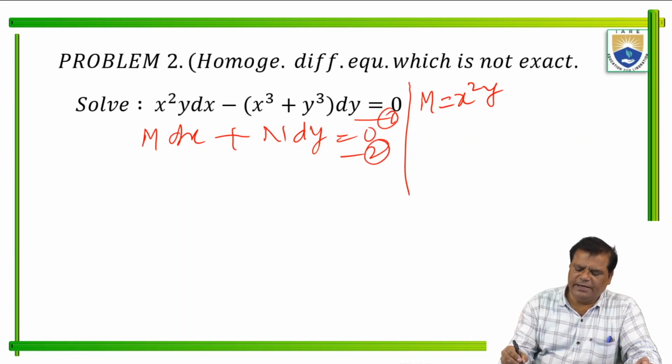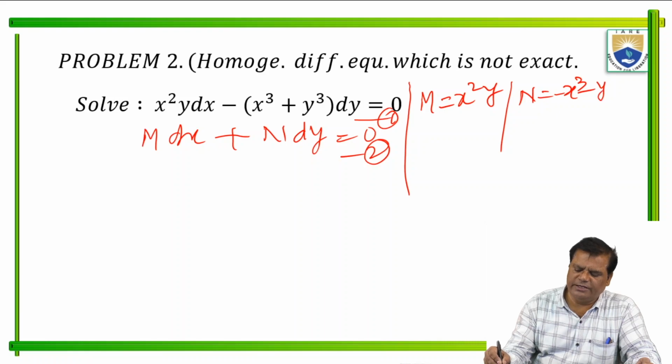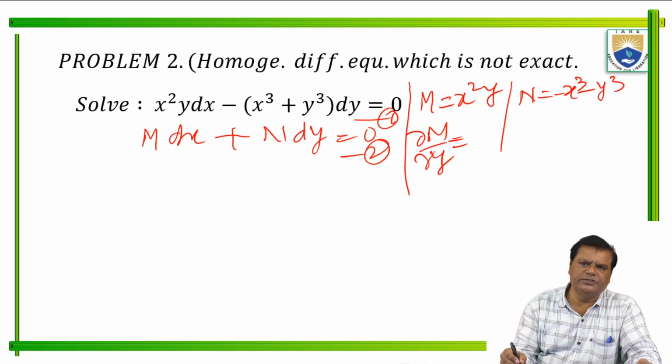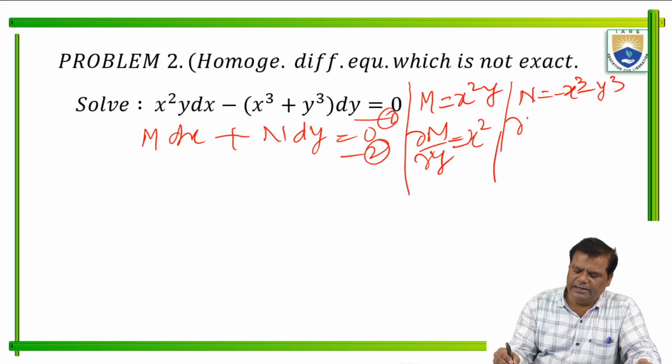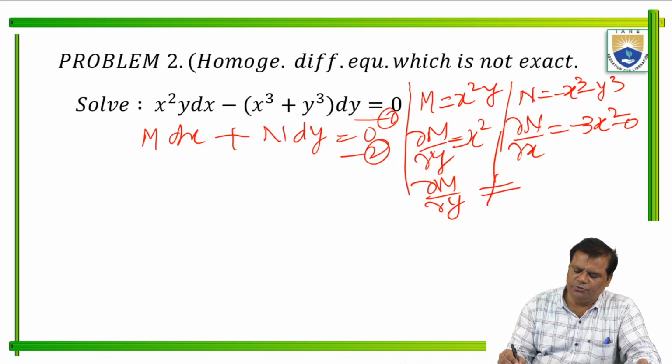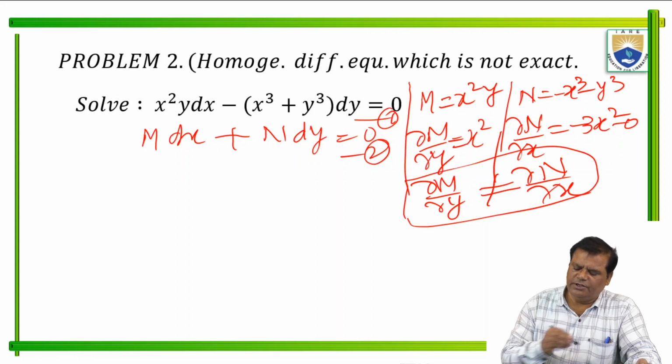M is x square y, and N is minus x cube minus y cube. Del M over del y equals, differentiating with respect to y, only x square, and del N over del x equals minus 3x square y, which is not 0. So del M over del y is not equal to del N over del x.